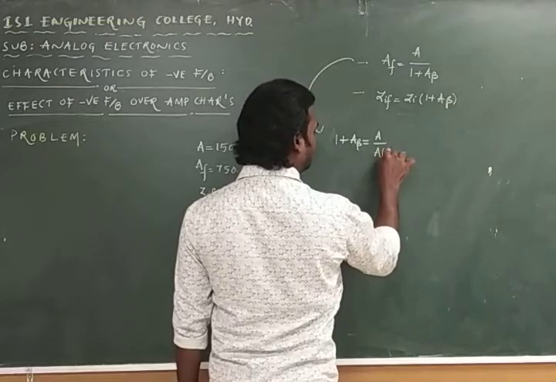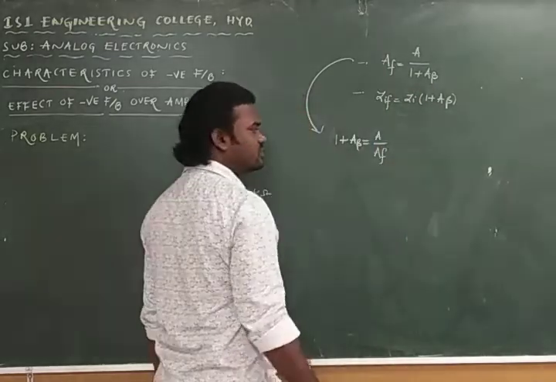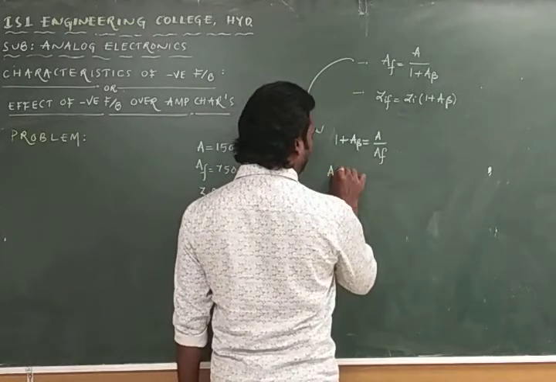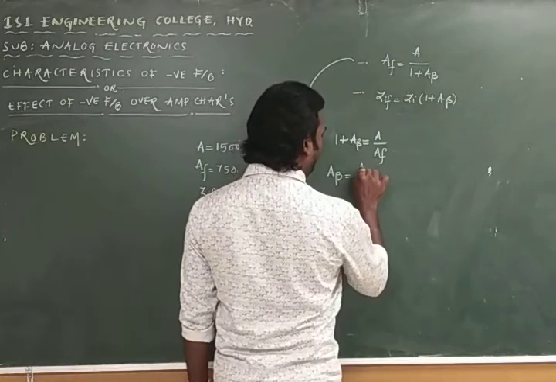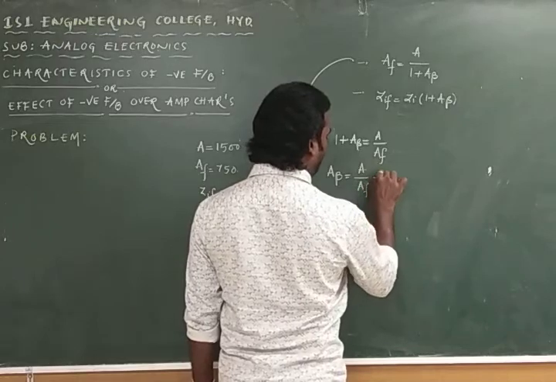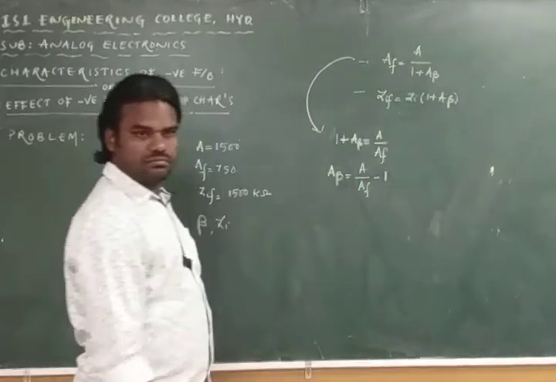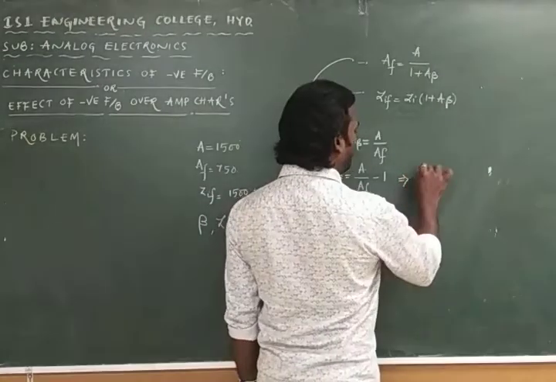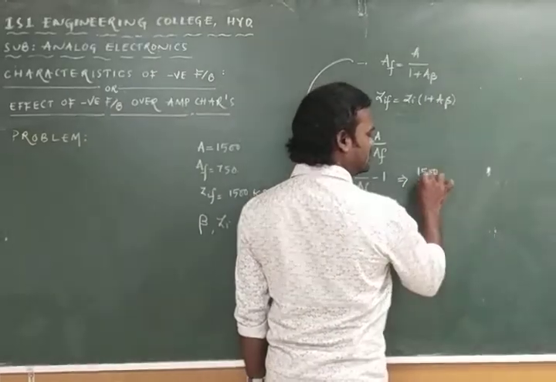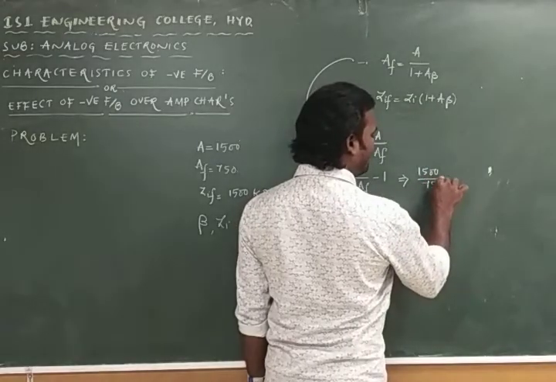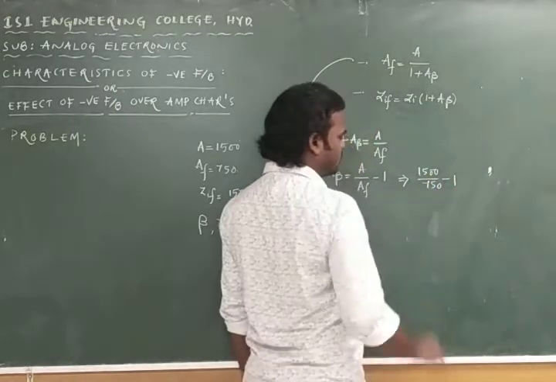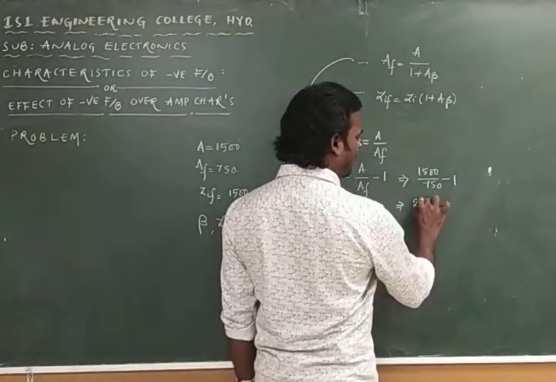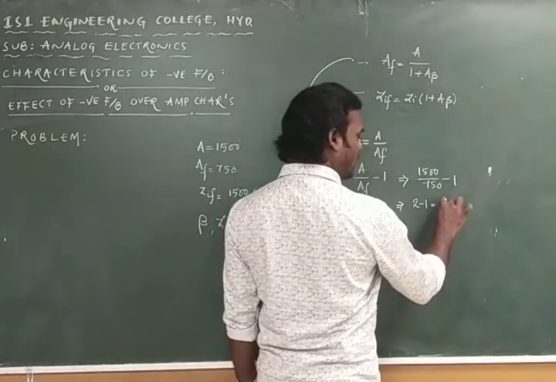So A beta equals A by AF minus 1. We know that A is 1500, AF is 750, so this will be 1500 by 750, which is 2, and 2 minus 1 is 1.